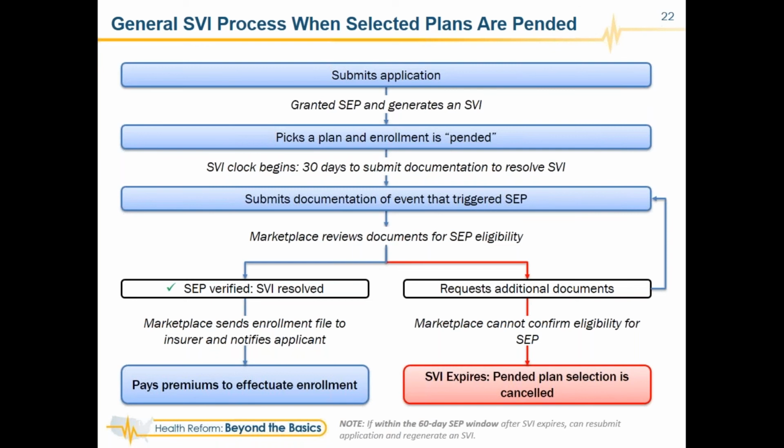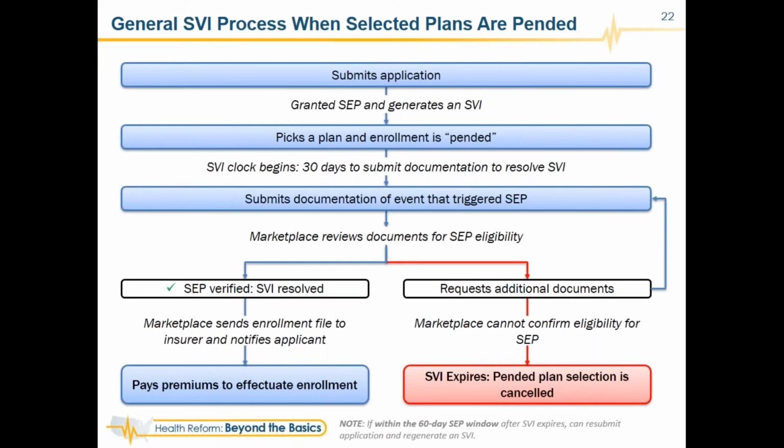This person submits the documents right away, which is what we like to hear, and the marketplace reviews the documents. We understand that their goal is to review these documents very quickly. We don't know how they'll be able to accomplish that. We've been hearing some good reports so far that it's happening pretty quickly. So let's have our fingers crossed and hope that that continues.